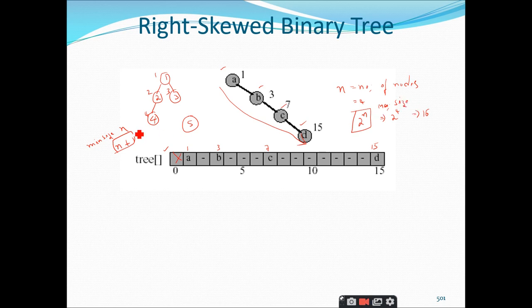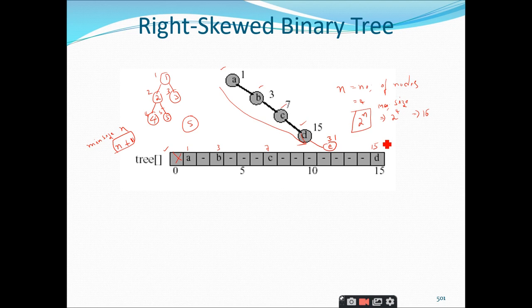If you consider another tree, for example my n is 5, what is the minimum size? I have to declare an array of size 6, sir. Is it satisfying or not? Yes, sir. What is the maximum size? For example, I put another node E. What is the node number here? 31, sir.